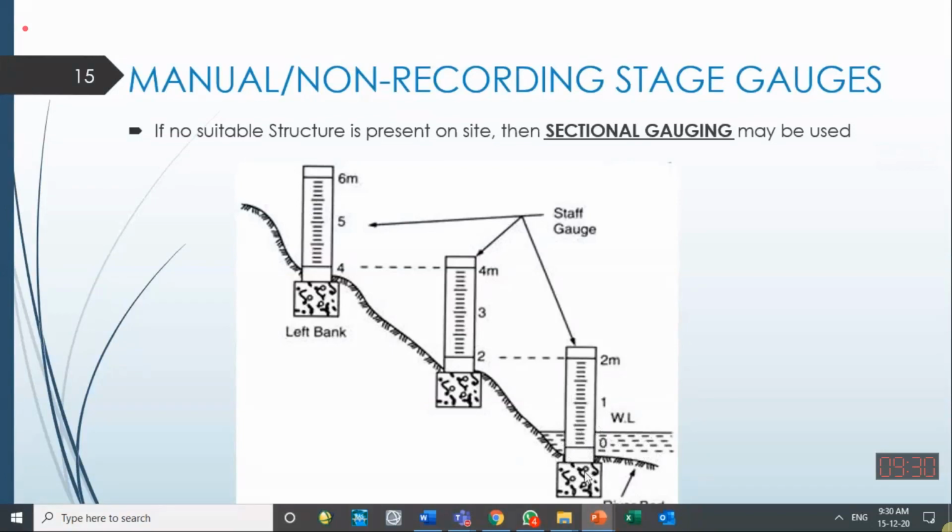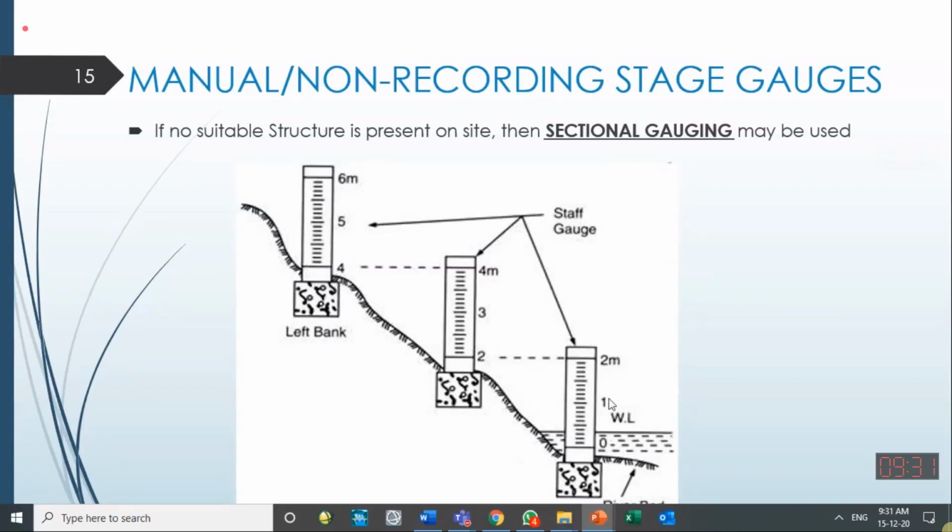For example, if there were only one staff gauge over here of longer height, then you would need a boat to go over there to measure it. But if we have sectional gauges like those shown over here, one gauge, second gauge, third gauge, fourth, and as many as you need, then you will be staying on a dry location, on the bank of the channel, to read the water level.